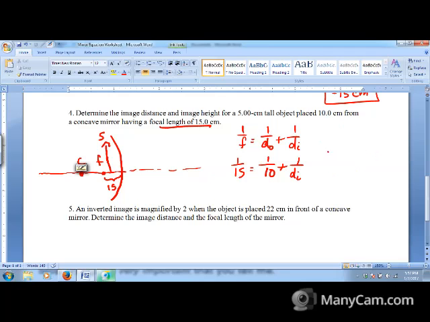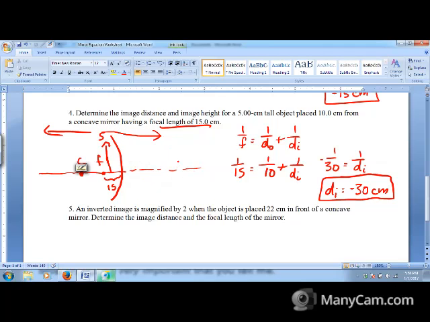If you do the math, you'll actually get negative 1/30th is 1 over di. So di is negative 30 centimeters. The image distance is 30 centimeters in the opposite direction. So this would be 30. This would be negative 30. So it's somewhere over here.